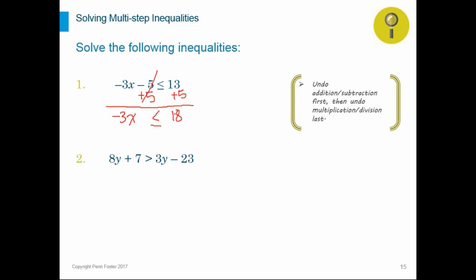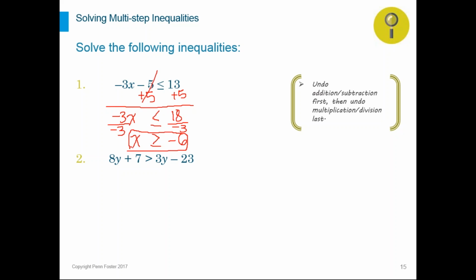I'm not done yet. I have to divide by negative 3 on both sides. Right away, I'm going to switch my sign so I don't forget to do that. A negative over a negative is a positive, so that's an x. And then 18 over negative 3 gives you negative 6, and that would be your solution here.